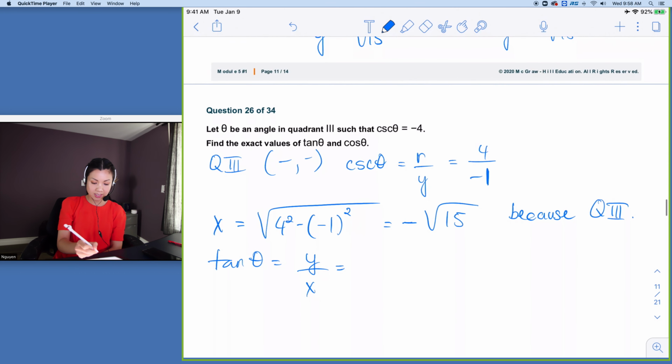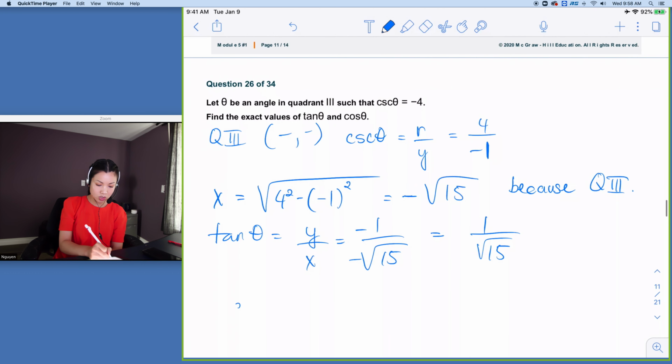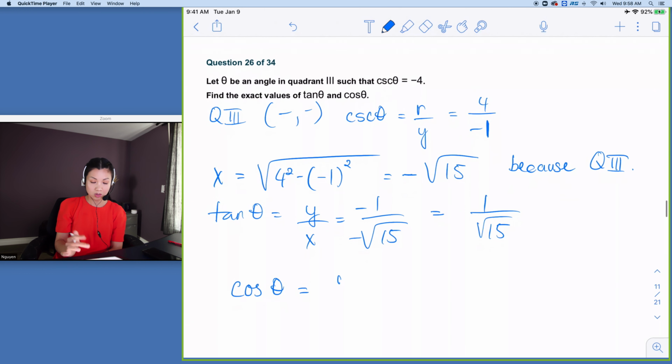So y over x is negative 1 over negative square root of 15. So it's just turned into positive. They also ask you for cosine. Cosine is y over r. I'm sorry, x over r. Which is negative square root of 15 over 4.